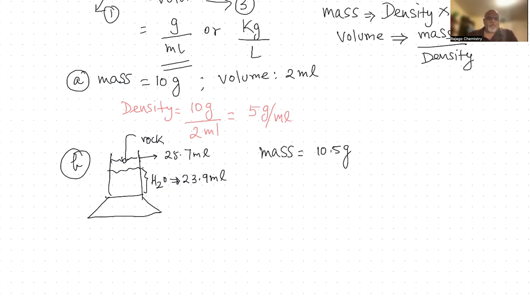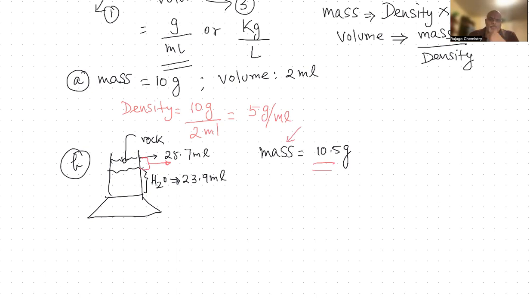If I have to find the density of the rock, all the information is given here. The mass is given, but the rock, when we added it, displaced a certain amount of volume. That is the amount that is needed.